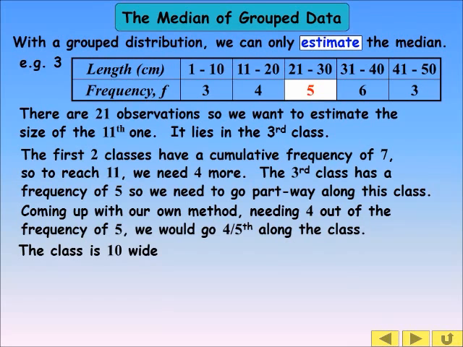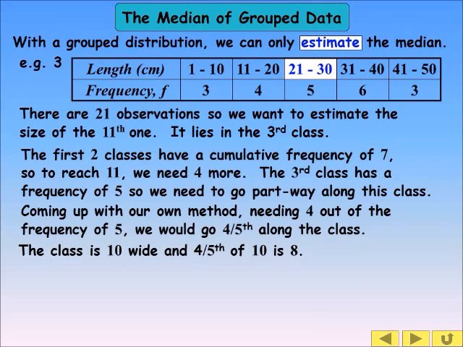The width of the interval is 10, meaning 21, 22, 23, 24, 25, 26, 27, 28, 29 and 30. We have 10 data, so the length is 10, and then 4 of 5.